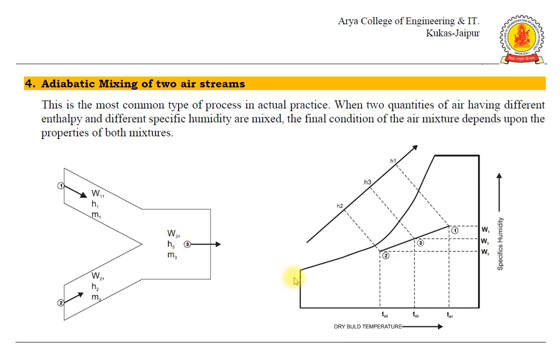In the psychrometric chart, we can represent it. The condition of the first stream is at point 1. Here we have shown W1, H1, dry bulb temperature 1, and the condition at point 2, TD2, H2, W2, and if we join these both points we will get point 3 somewhere here.